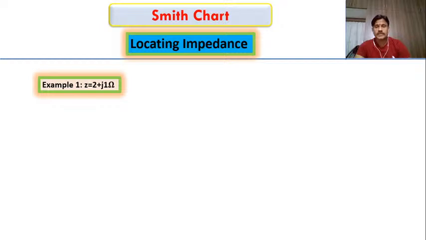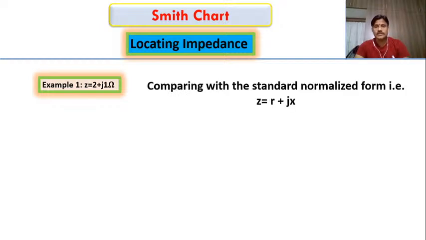The standard normalized form is Z equals R plus jX. Comparing this with the example 2 plus j1, R equals 2 and X equals 1.